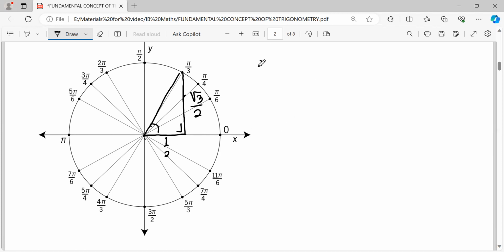So it means sine pi over 3 equals square root 3 over 2 over 1, square root 3 over 2. Okay. And for the coordinates, this is a half, comma, square root 3 over 2.